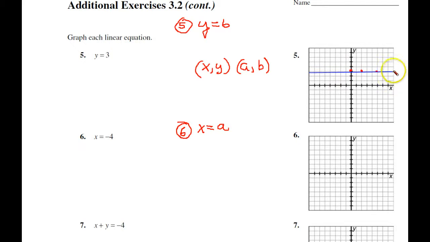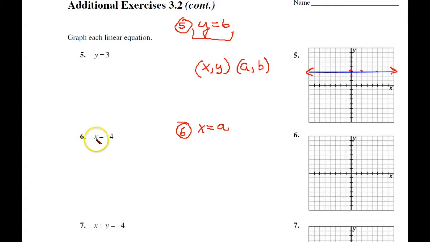And remember, all of these lines have arrows at the end, indicating they go on forever this way and on forever that way. This is just a piece of it. This is the special graph, y equals b, y equals the y-intercept 3, and it's a horizontal line.